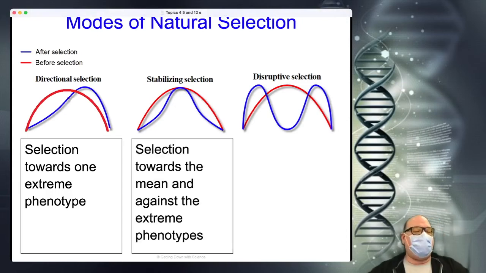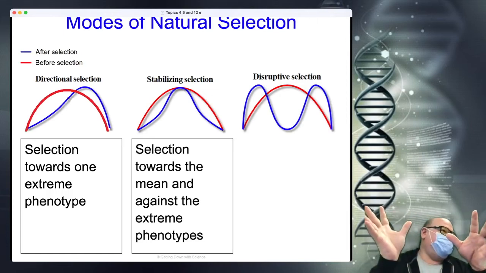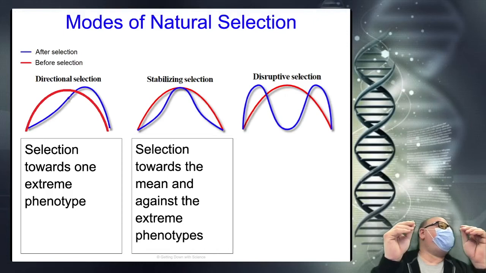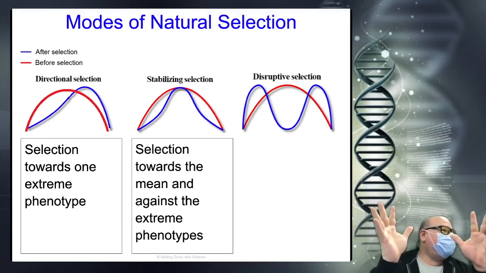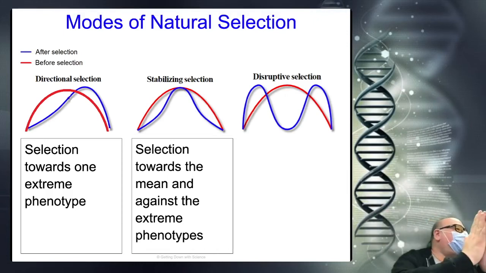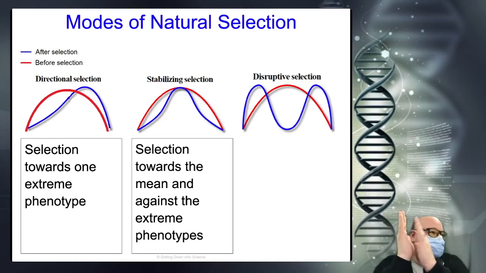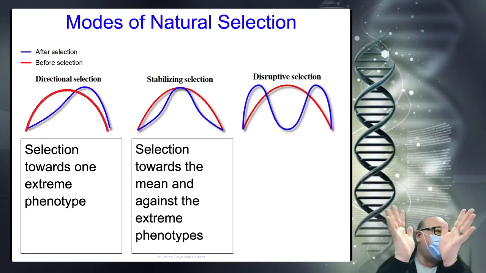In stabilizing selection, we would go against the extremes. This might be something that's speckled, and being all one color or all the other color is bad because it makes you less camouflaged.